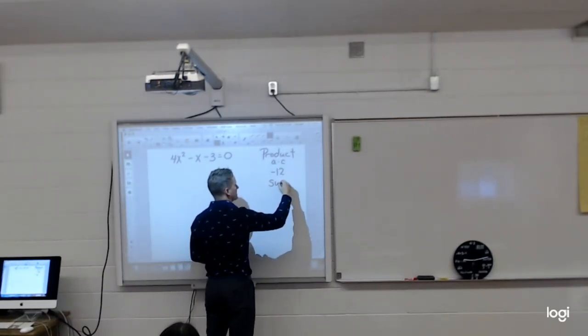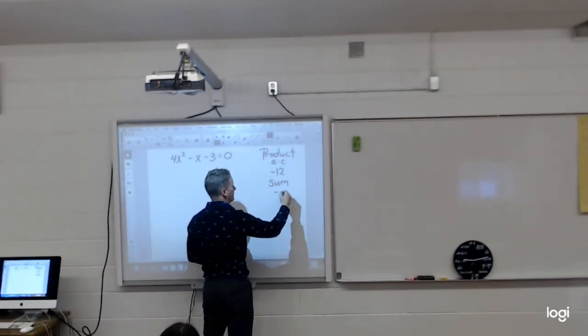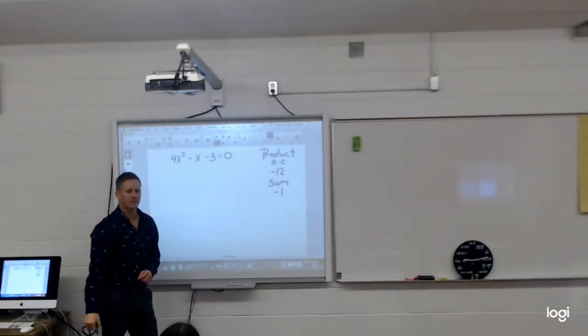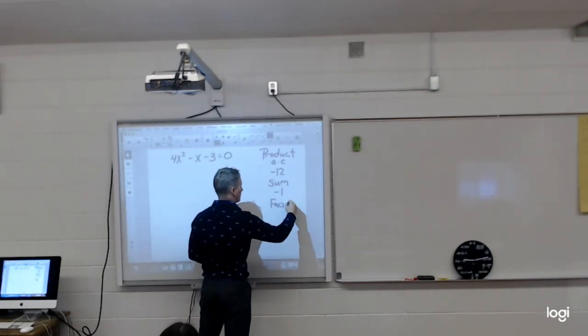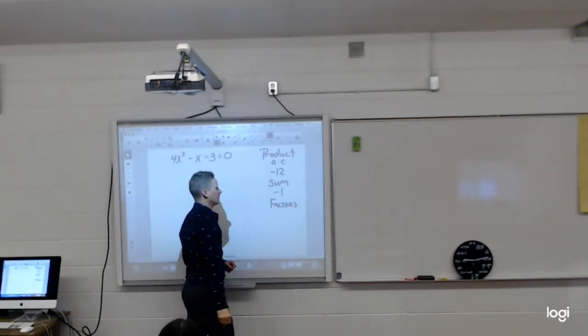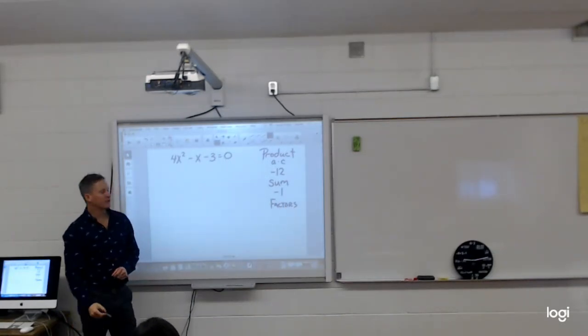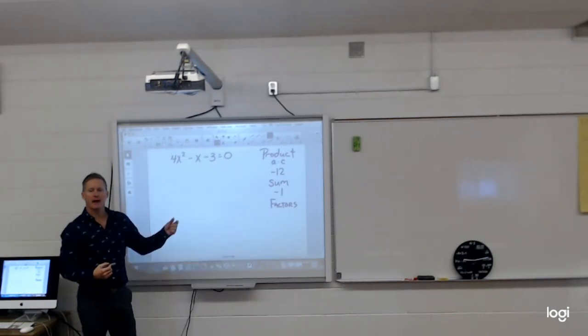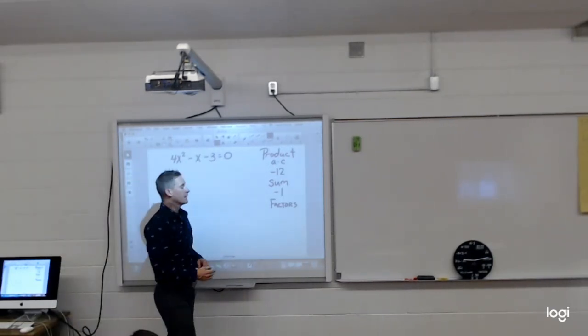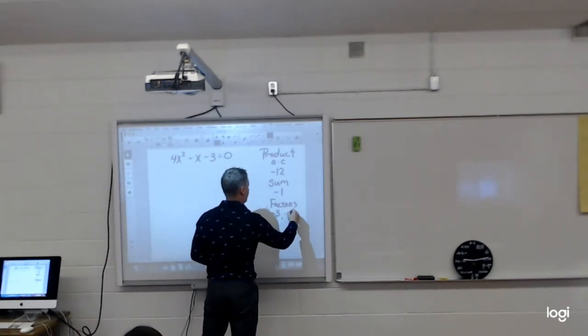My sum has to be my b value, which is negative 1. So I need the factors of negative 12 that add to give me negative 1. What 2 numbers multiply to give negative 12 and add to give negative 1? 3 and negative 4.